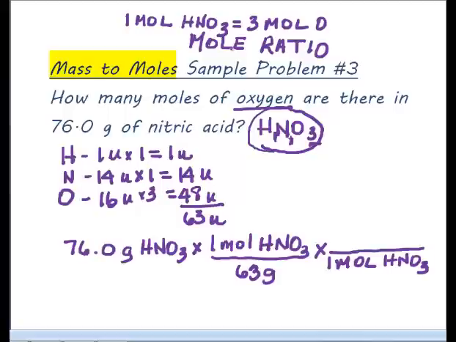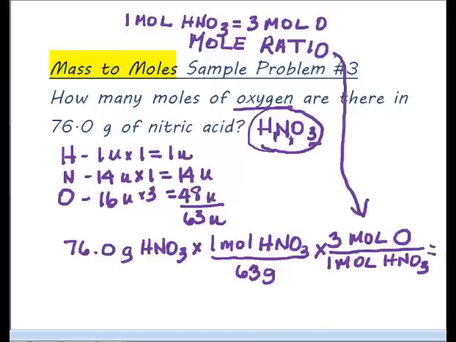It's what I'm looking for, which in this case is moles of oxygen. And in fact, there are 3 moles of oxygen for every mole of nitric acid. And this step right here is called the mole ratio.